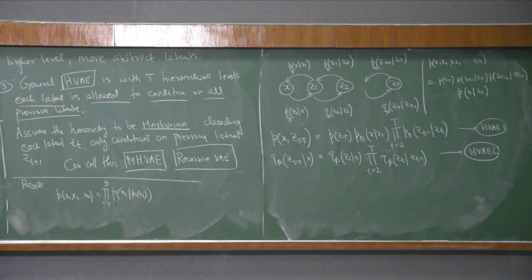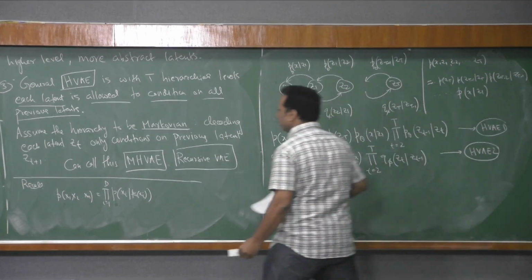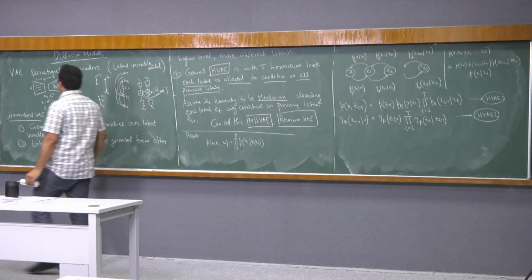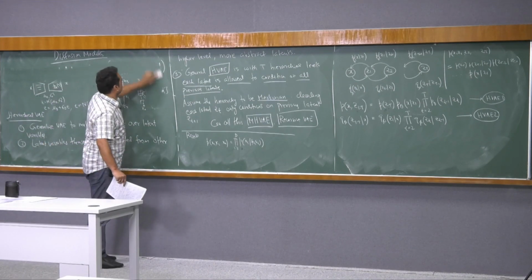So we want the marginal p of x from the joint, and to do that we have to marginalize over all the z here. Okay, so the flow of the derivation is very similar to what we have done before in VAE. It's just that there are more intermediate latent variables involved here.